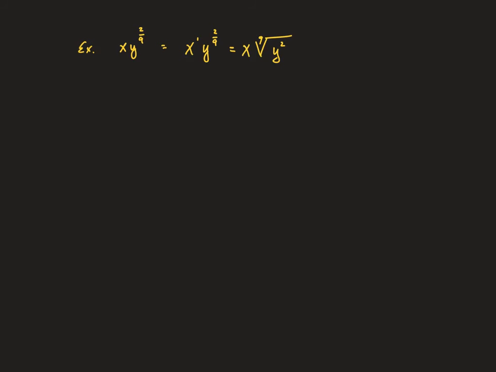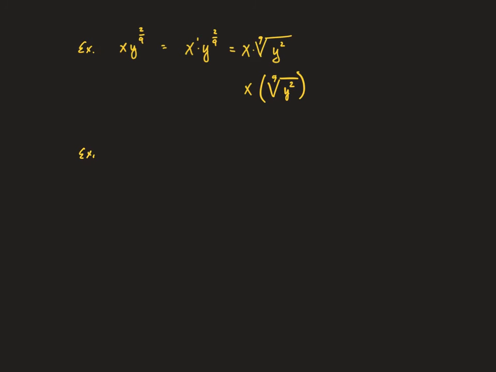So remembering that conversion as I go back and forth between my radical and my rational exponent, I need to be able to do that conversion and recognize it. Let's see here. Remember, this is multiplication. So I could even write that as x times the 9th root of y to the second power. Again, all of these things are the same, but we do need to be able to recognize these expressions.